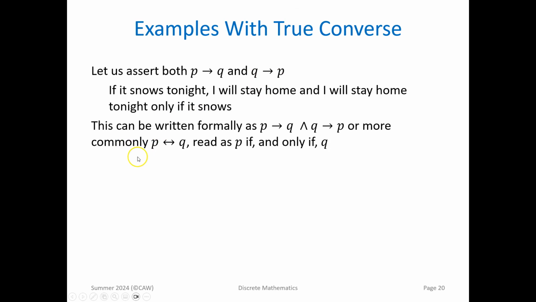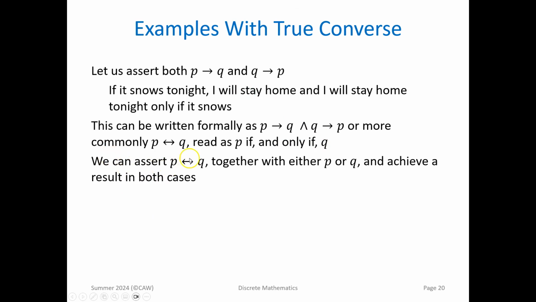So this can be written formally as P then Q and Q then P, but more succinctly and more commonly, it's written with a double arrow. P double arrow Q. It indicates both directions are in play here. P arrow pointing to Q, Q arrow pointing to P. We read this as P if and only if Q, and you can see how that follows from what I showed in the example.